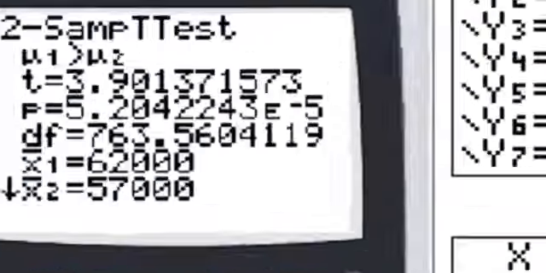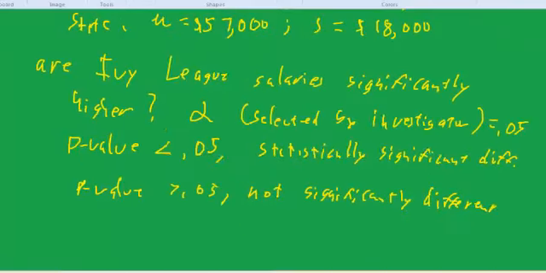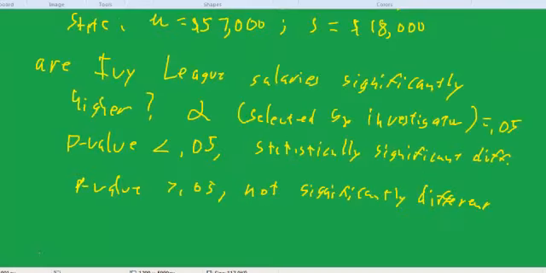Okay, yes, we got an answer. The important thing to look at is the p-value, which is here. It's 5 times 10 to the minus fifth, so it's a very low p-value. So we get a p-value equals 5 times 10 to the minus fifth, and I think that is 0.00005?